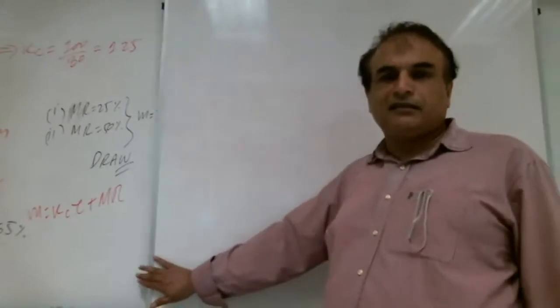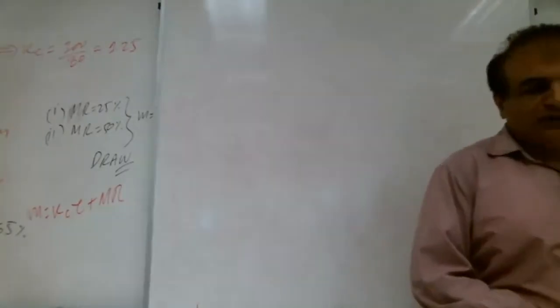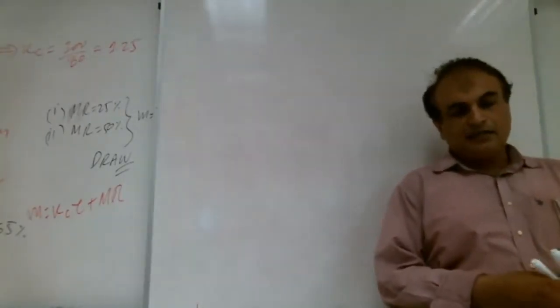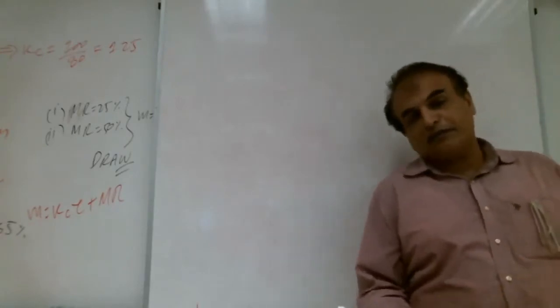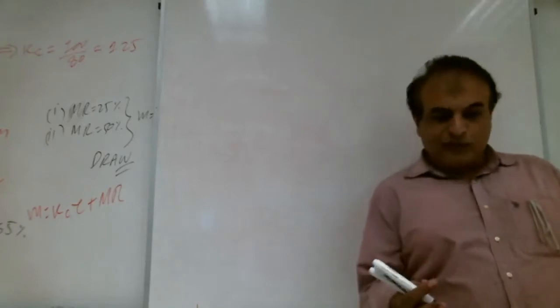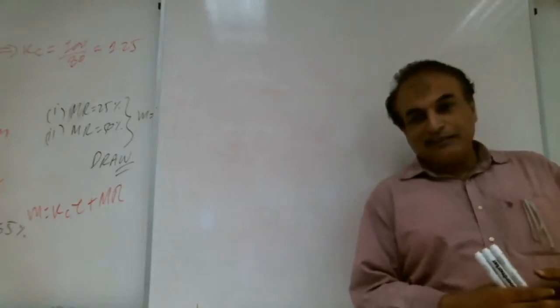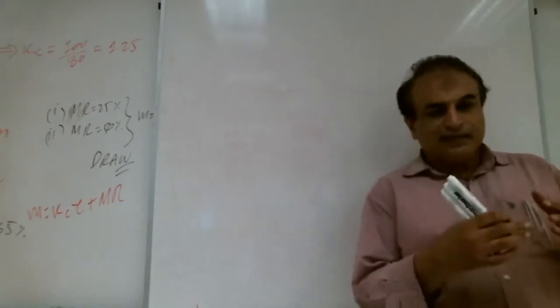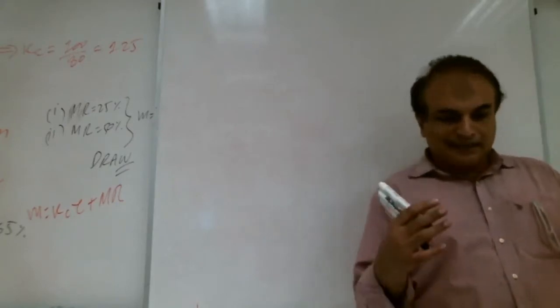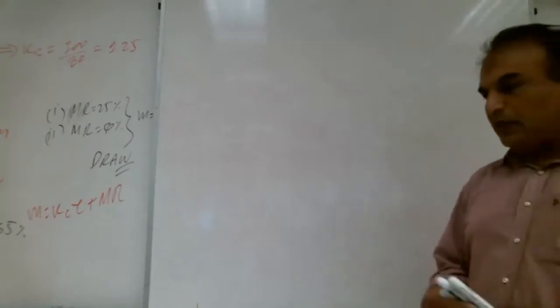Maybe it is direct. So unless we do both, if it is not written or there is no way to find out. In some questions, maybe you see there are some ways to find out if it is direct or reverse. If there is no way to find out, it is not given, we have to do both.